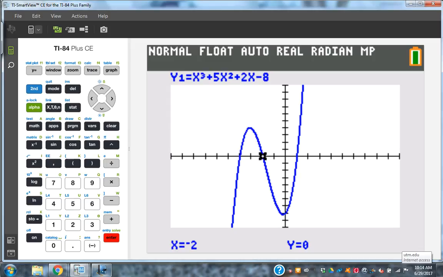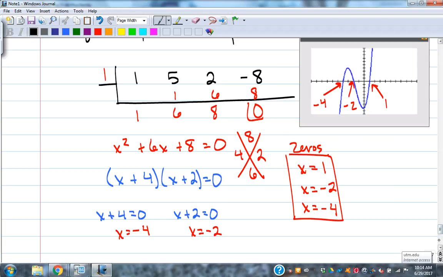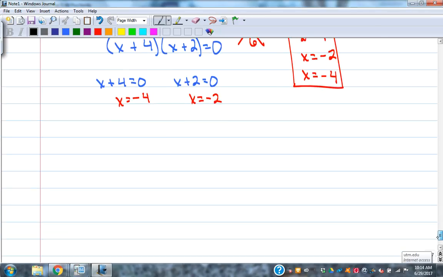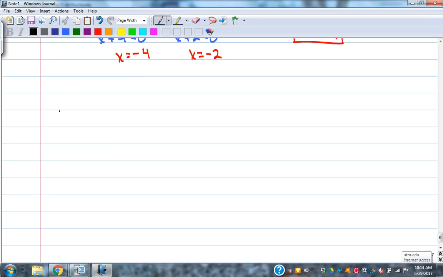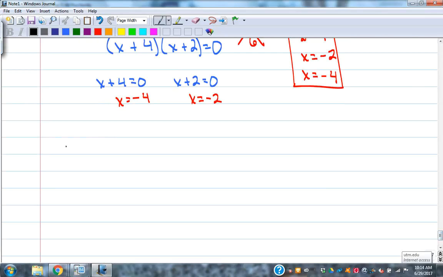All right, let's look at this one. I don't know what letter I'm on. L. Say we had f of x is equal to x cubed plus 3x squared plus 3x plus 1.